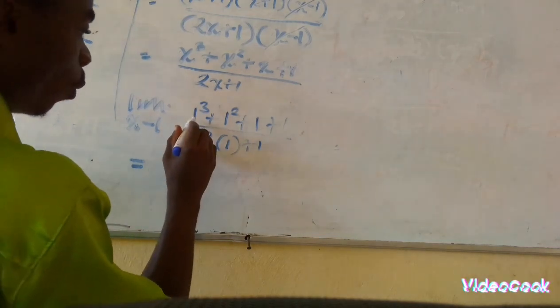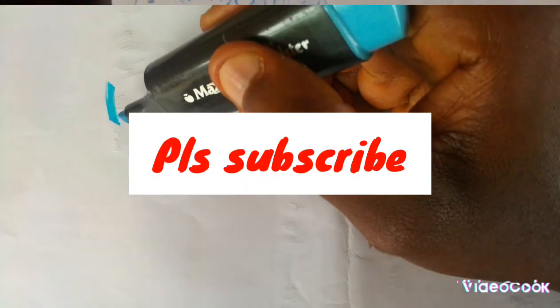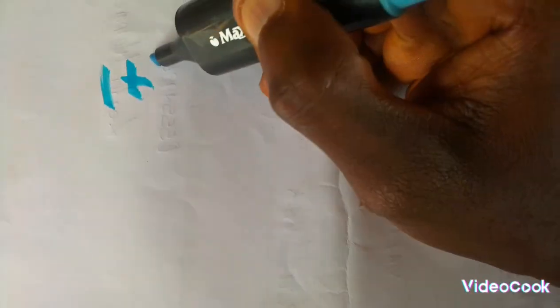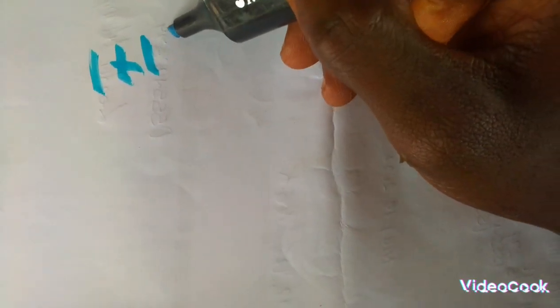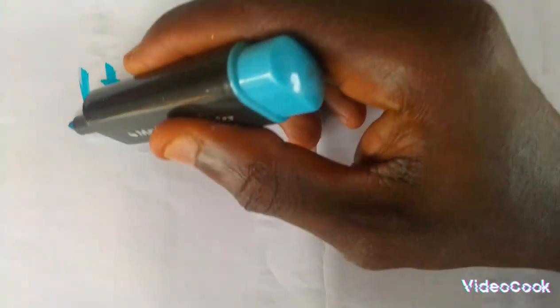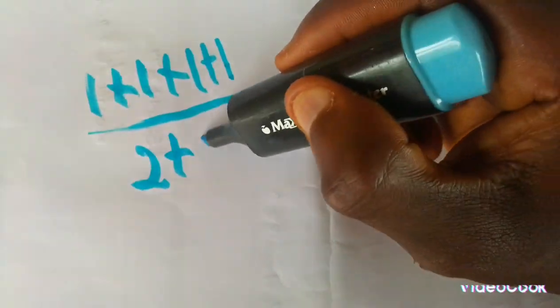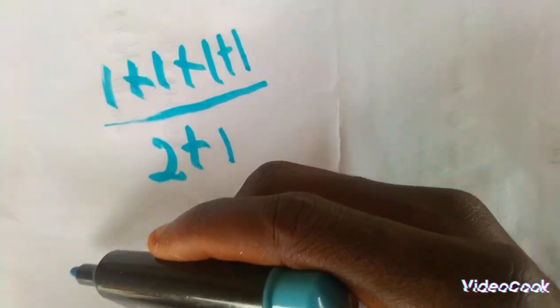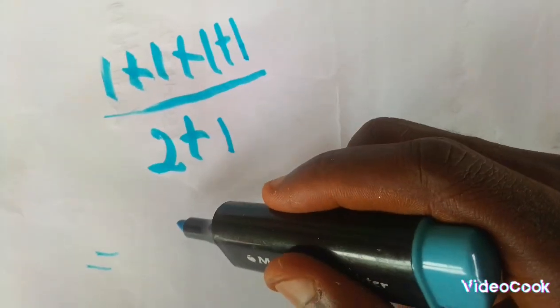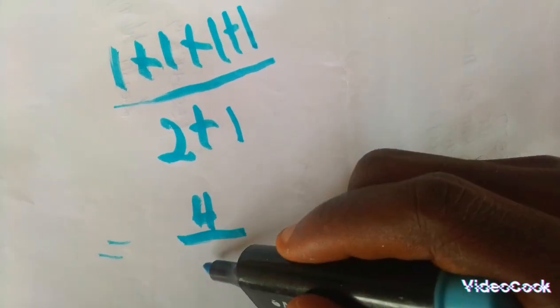So that means 1 plus 1 plus 1 plus 1, all divided by 2 plus 1, which means the limit will be equal to 4 over 3.